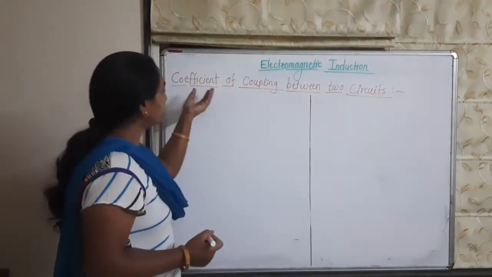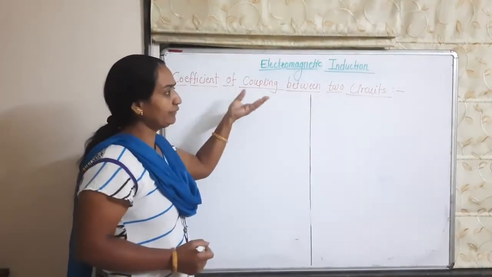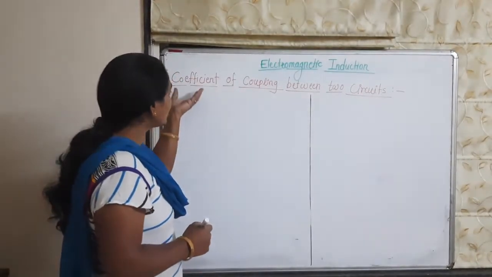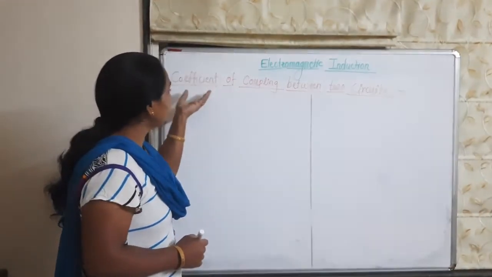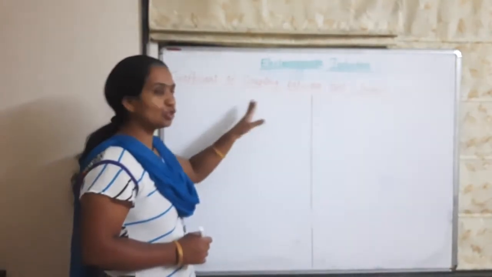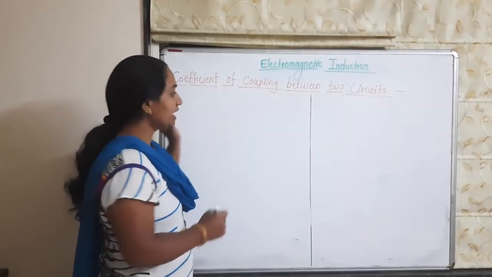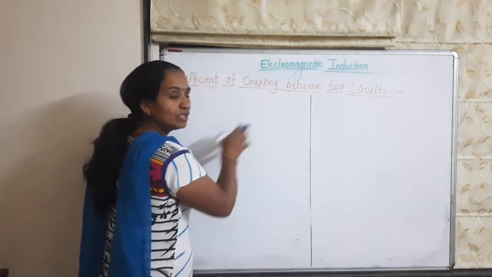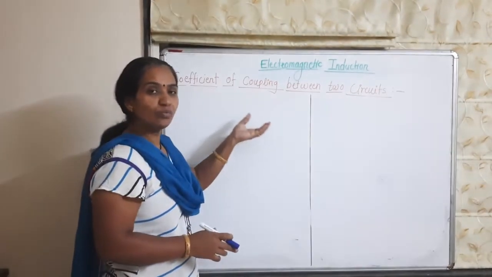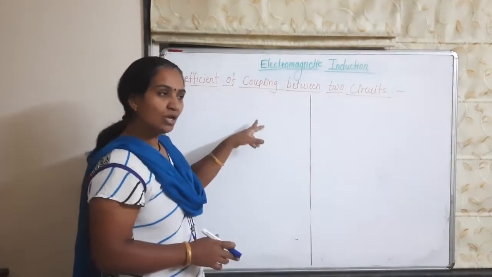Now the next point is the coefficient of coupling between two circuits. What is the meaning of the coefficient of coupling? Its symbol is K, and it is the measure of the portion of the flux which reaches coil 2 from coil 1.